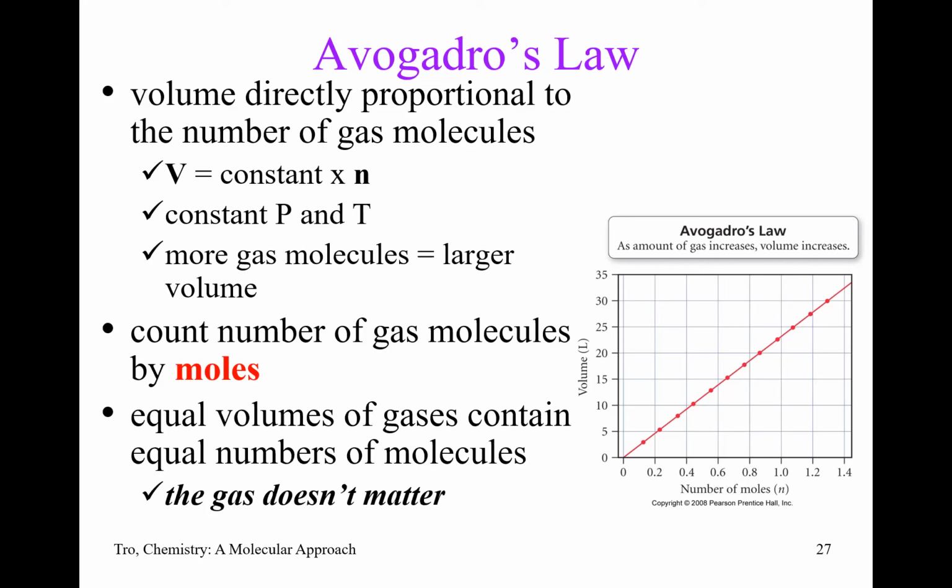But if it was some mechanical hydraulic thing, it doesn't matter which gas, you would just have a straight linear plot as the volume would increase indefinitely as you added more gas molecules. So that's V, right? It was PV over NT. T isn't changing, P isn't changing. So V1 over N1 equals V2 over N2.